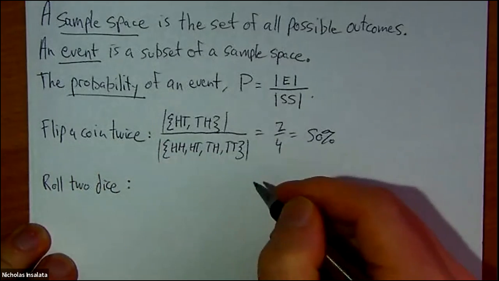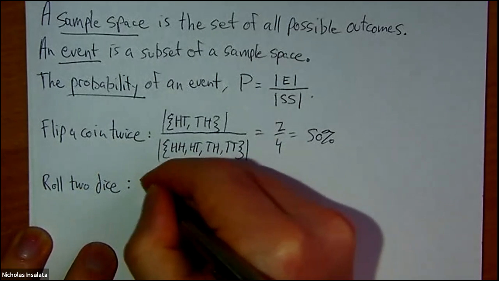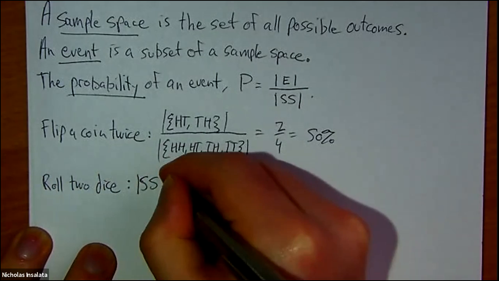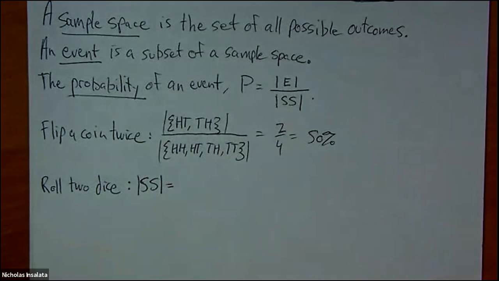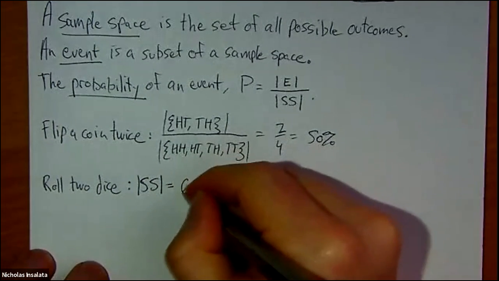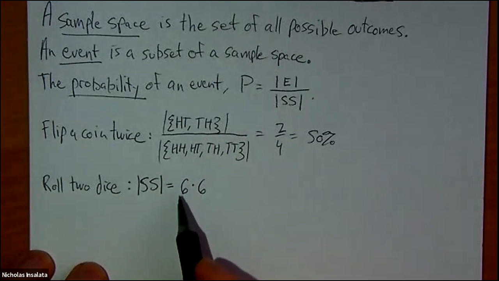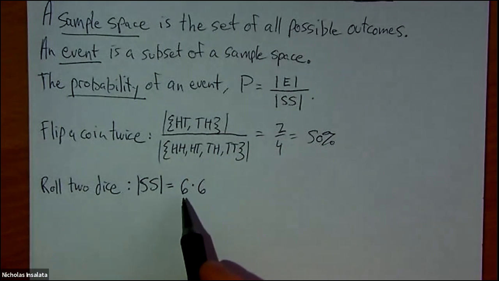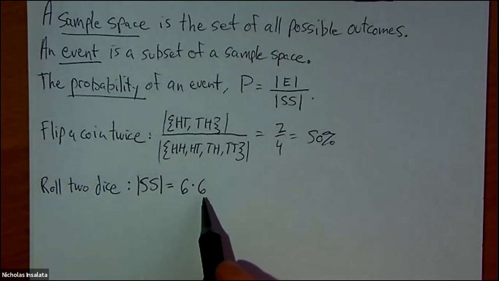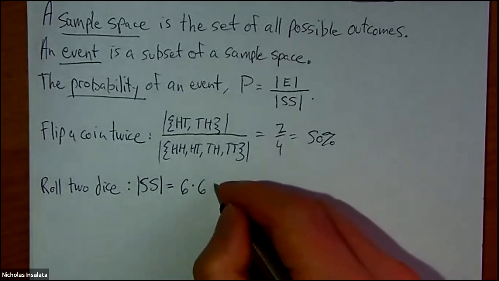Okay, so to roll 2 dice, the size of the sample space is going to be what? 36, right? 6 times 6, because you have 6 possible outcomes on the first die, 6 possible outcomes on the second die, and you multiply those. Why do you multiply those?